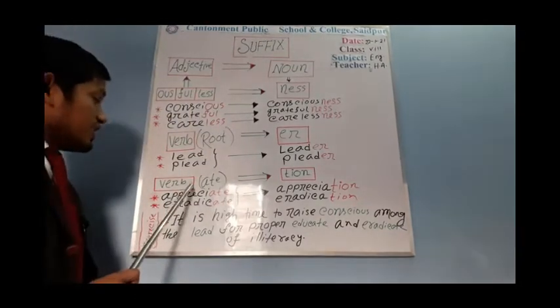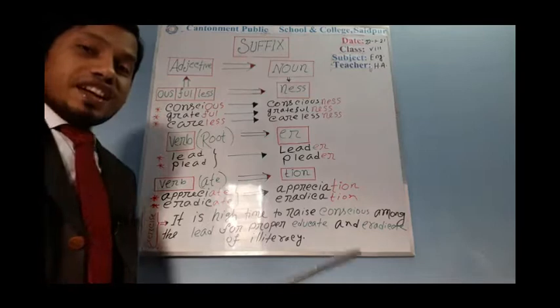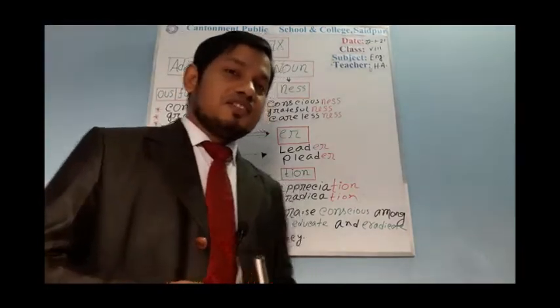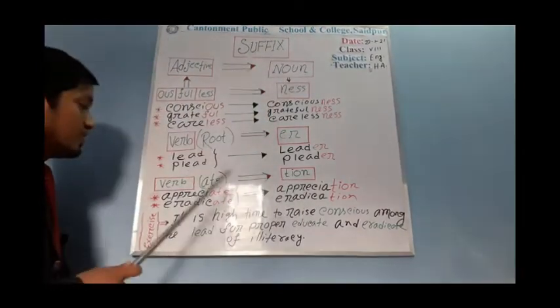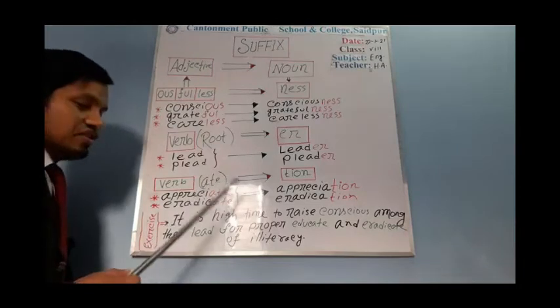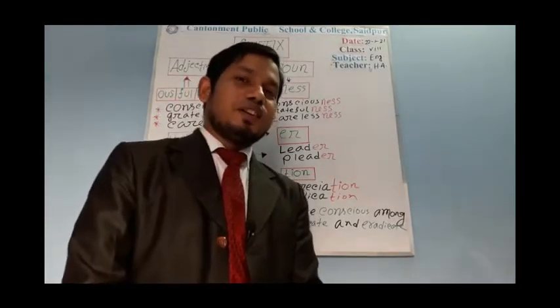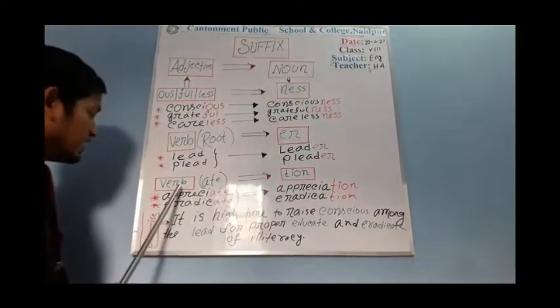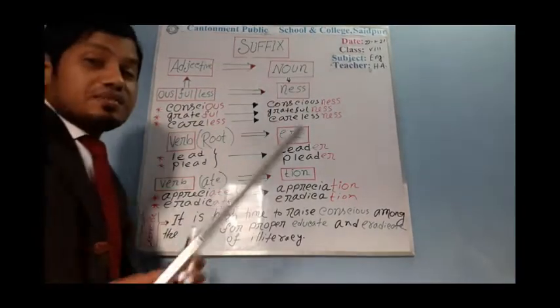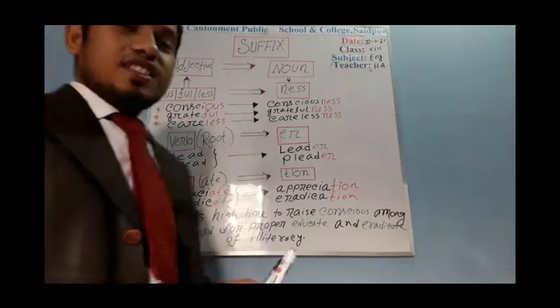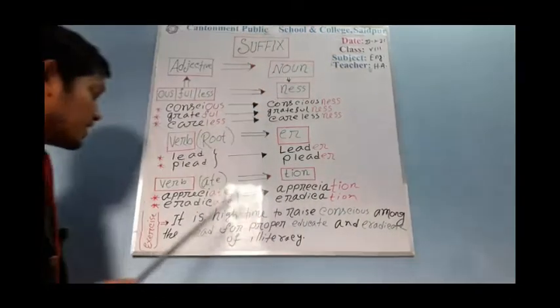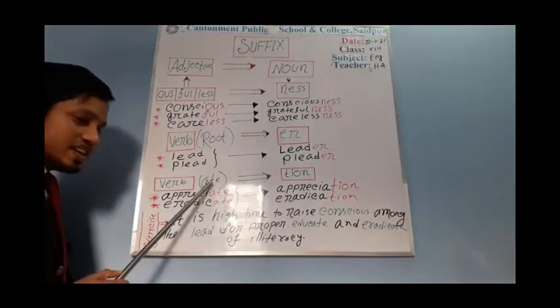Learners, there are a number of verbs in English which end with the suffix ate. Okay? Again, I'm telling you for better understanding. There are a number of verbs in English which end with the word ate, right?